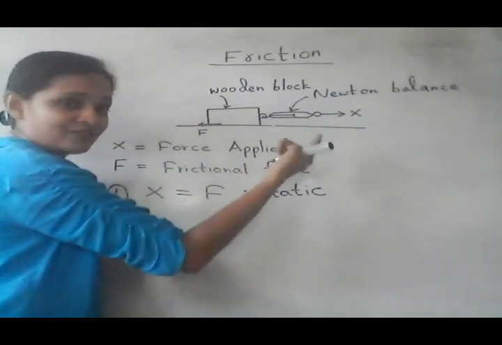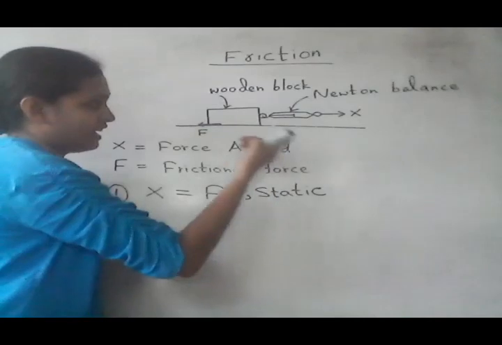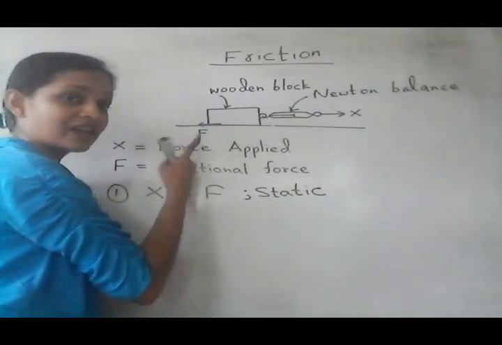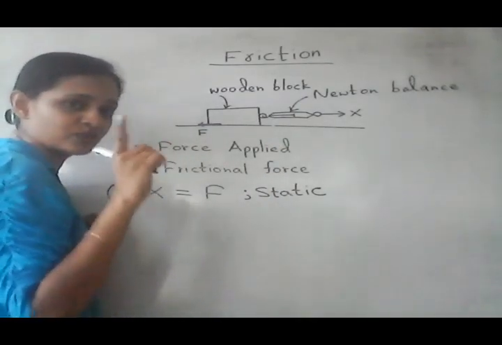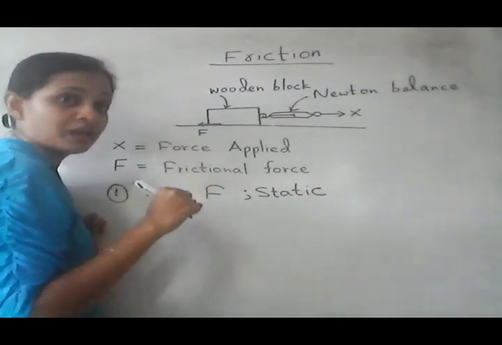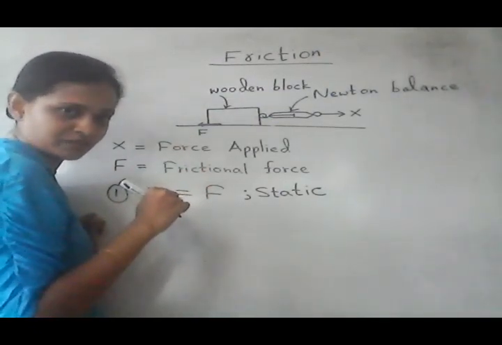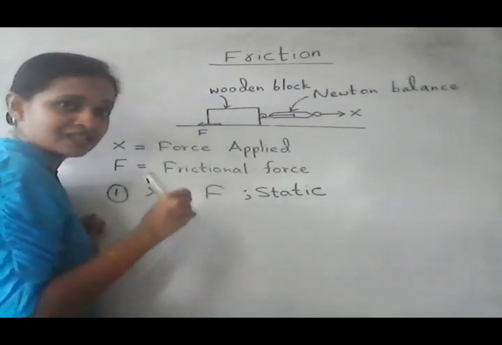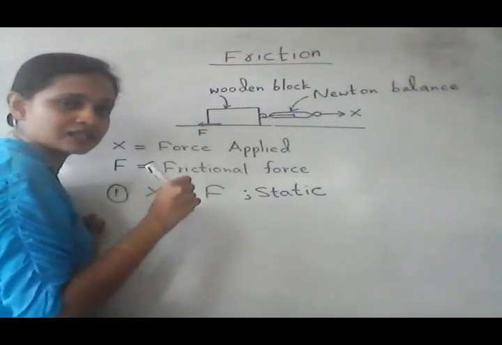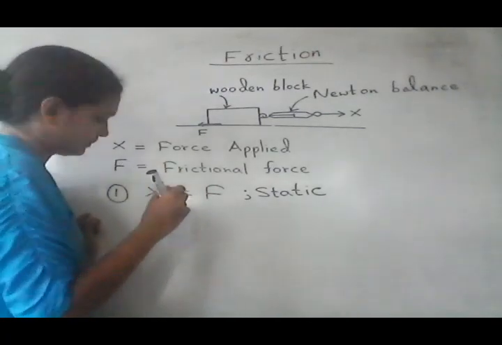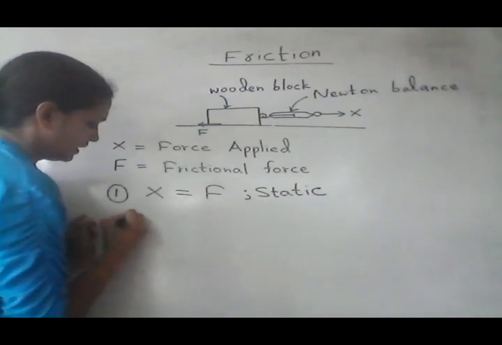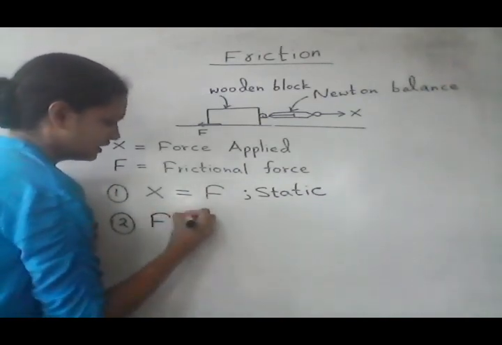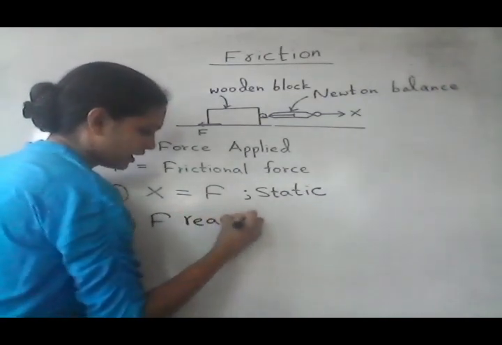Then once I further increase X, F will also be increased, and the frictional force F will reach the maximum value possible. In that instance, the wooden block will just start to move. So F will reach the maximum value possible.